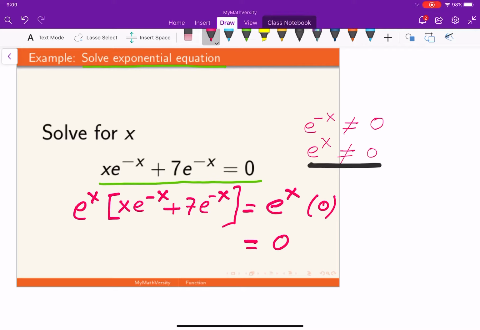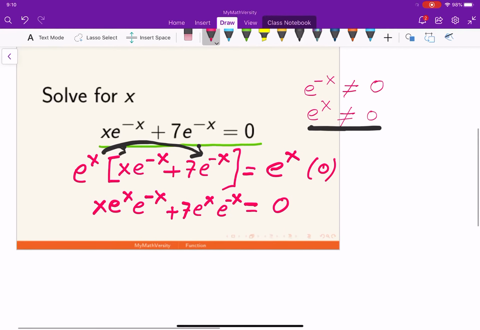On the left hand side, no matter what x is, we can distribute and multiply to the first term. So we'll have x times e to the power x times e to the power negative x. When we distribute by e to the power x to the second term, we'll get plus 7 times e to the power x times e to the power minus x.